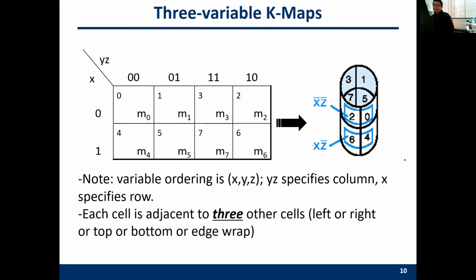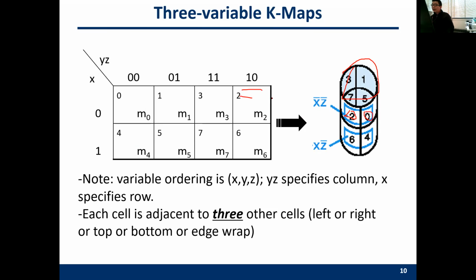And you can see that you can view the K-map in this way. I label this box as 2. When you put the K-map in this form, the 2 is actually connected to 0.